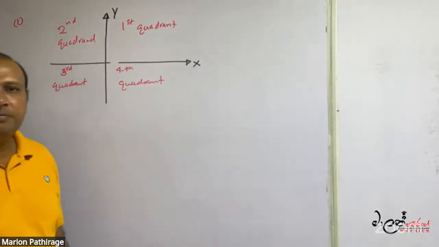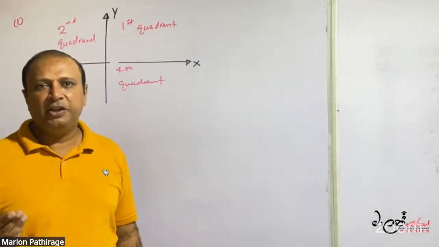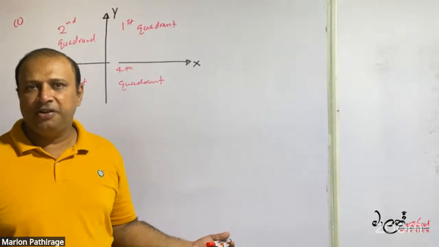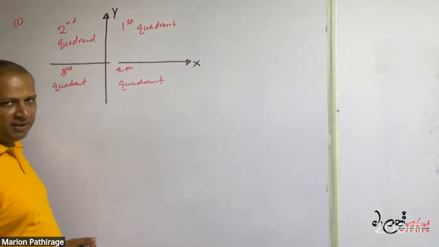We can determine the quadrant by the positive or negativeness of the x and y coordinates.